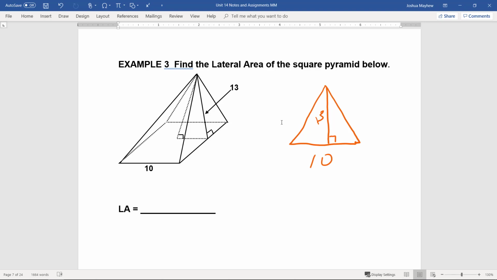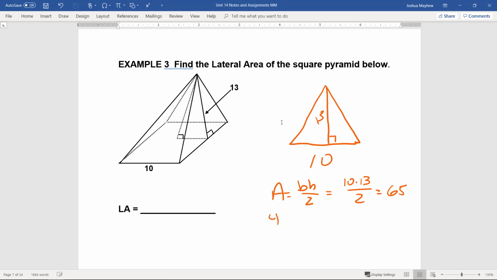As you recall, we find the area of a triangle by multiplying the base of the triangle times the height of the triangle and dividing by 2. So the area of this triangle is going to be 10 times 13 divided by 2. Do the arithmetic and you get 65. So each lateral face has an area of 65.